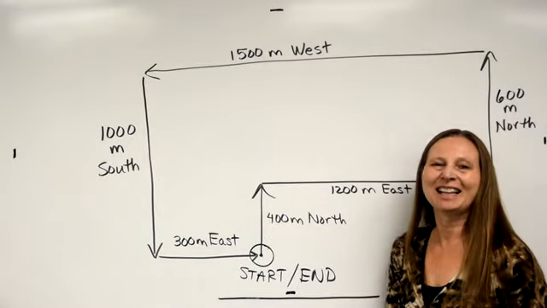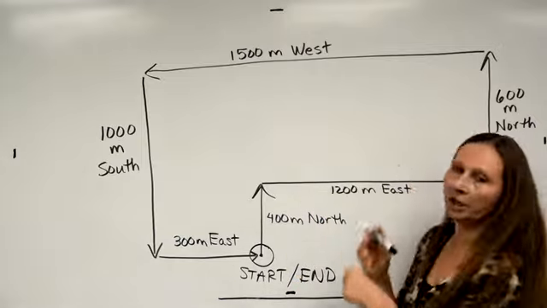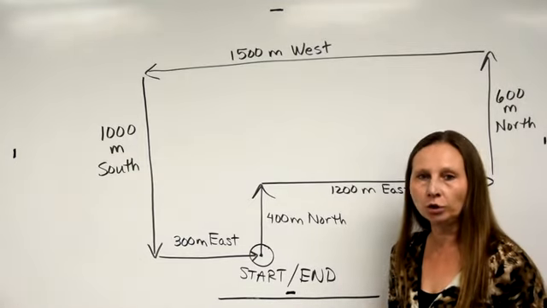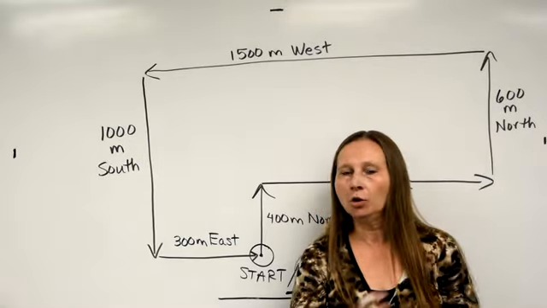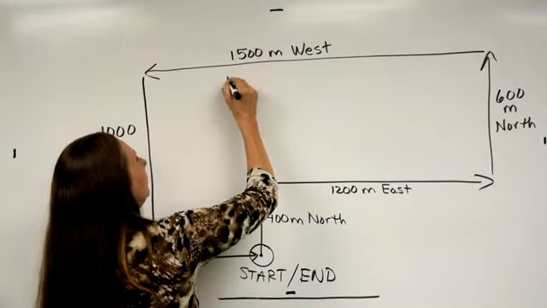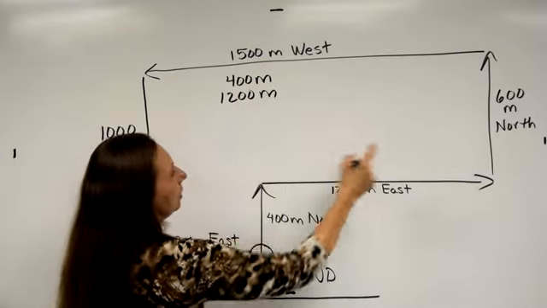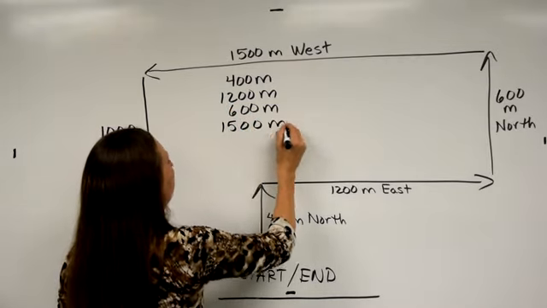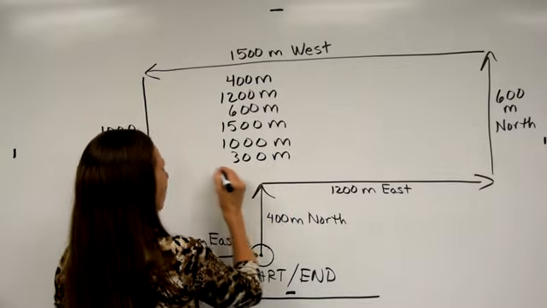Let's figure out the distance that she covered. You add up all the distances, all the little runs, and get the total distance that she covered. We don't care what direction she's going. Distance is a scalar. Just add them all up. So she went 400 meters plus 1,200 meters plus 600 meters plus 1,500 meters plus 1,000 meters plus 300 meters.